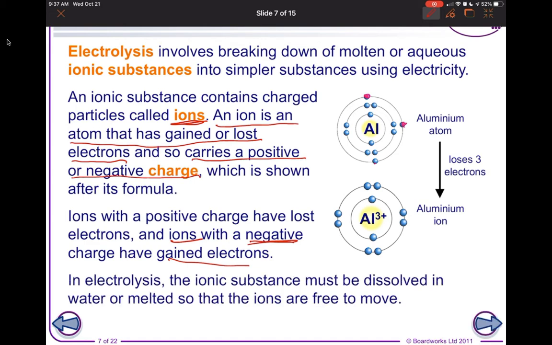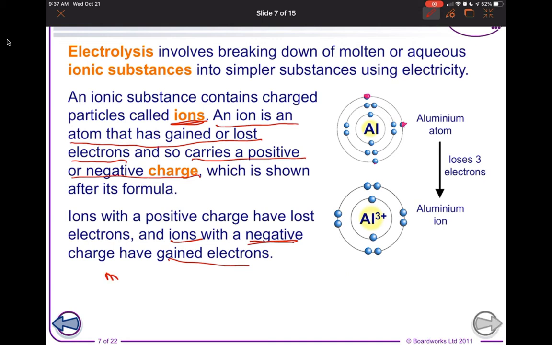Let's make sure we remember which ones are what. Remember metals. So that's anything in group numbers 1, 2, or 3, and all the transition metals. They are always going to lose electrons, which means they're always going to be positive when they're ions. Nonmetals always gain electrons.